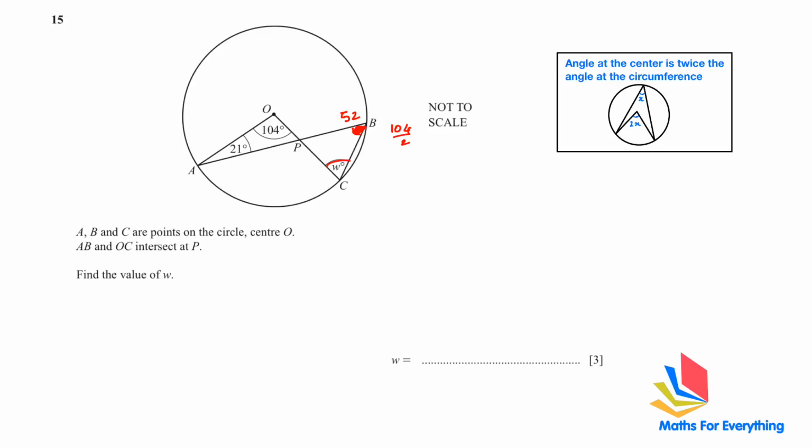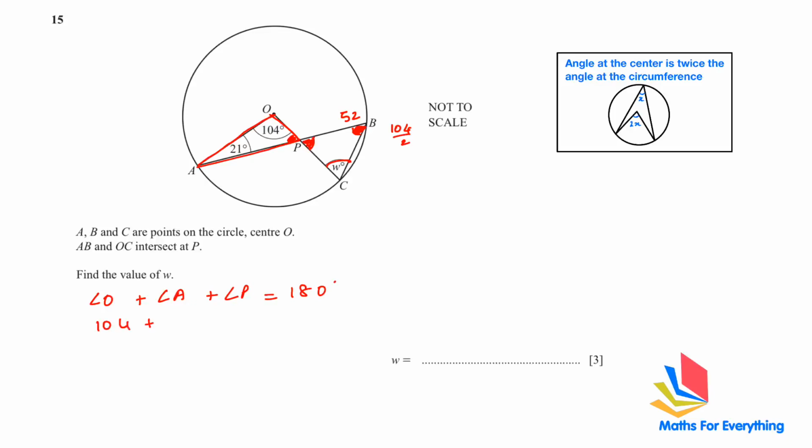Now to find W, we need to find this angle. Before that, we will look at this angle. This is a triangle here, OAP. We know that when we add the three angles, it equals 180. So angle O plus angle A plus angle P is equal to 180 degrees.